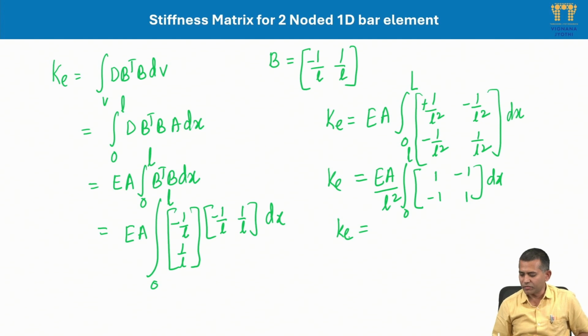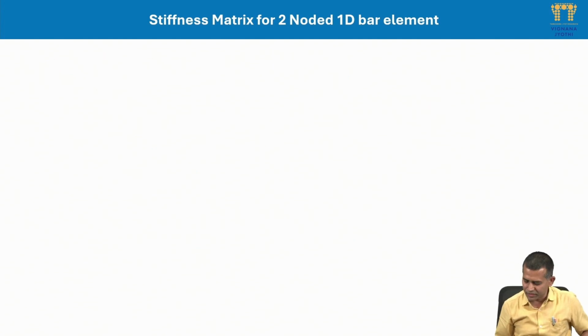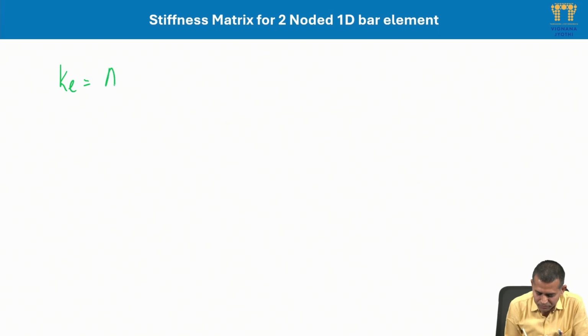So if you integrate it, what will you get? You will get this expression: Ke equals AE by L square times the matrix x, minus x, minus x, x.